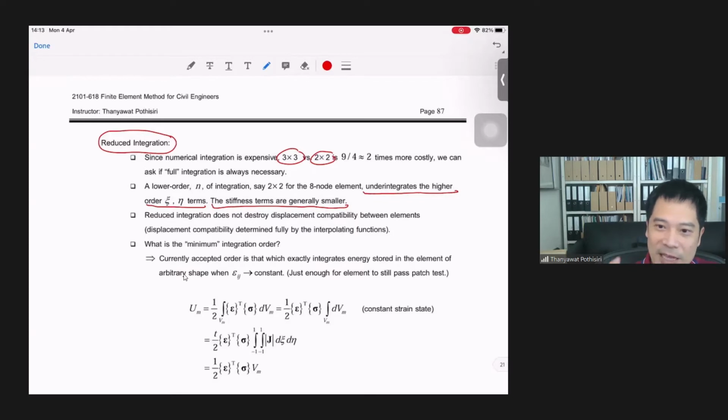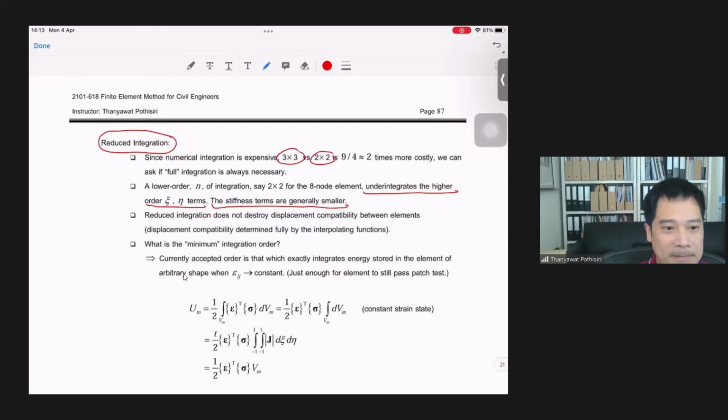Which, if you think back to what we have discussed on the issue of energy concept, right? We talk about how in most finite element problems, you would see that the stiffness matrix that you obtain from a finite element model is too stiff.